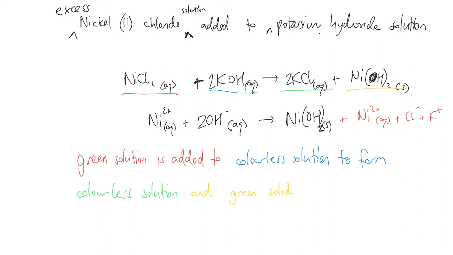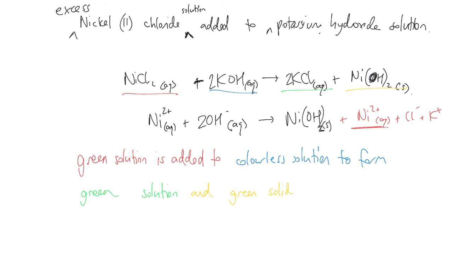So now this ion here is green, so therefore that changes which part? The green colorless solution. How can it be green and colorless at the same time? I meant this green colored text. So this will be a green solution. Is that it? Nope, the green solid's still there.